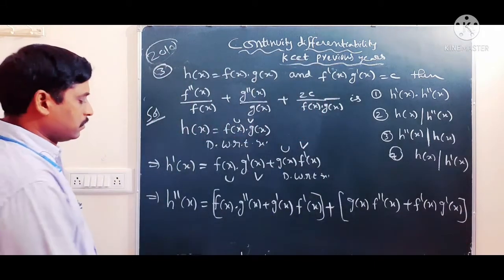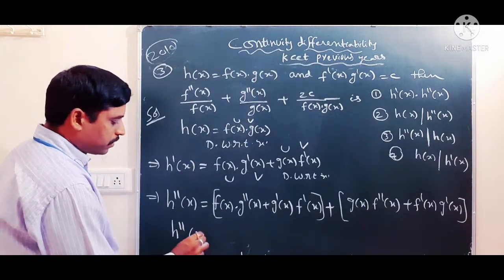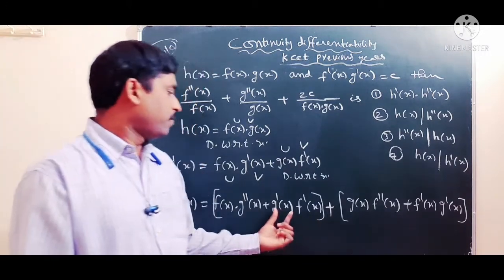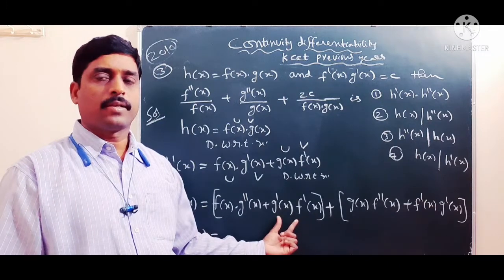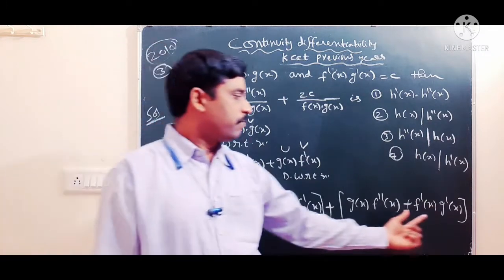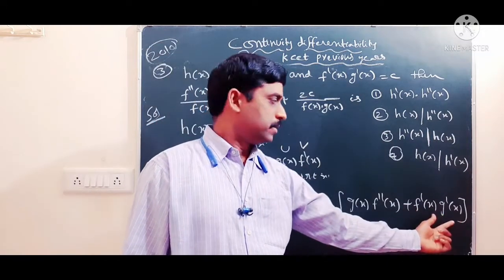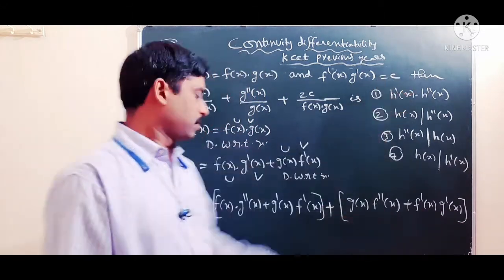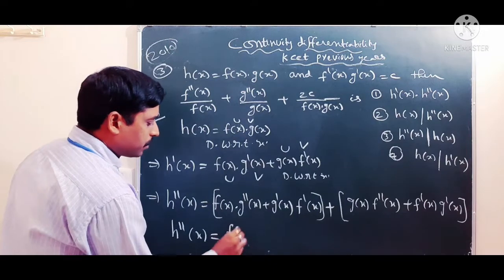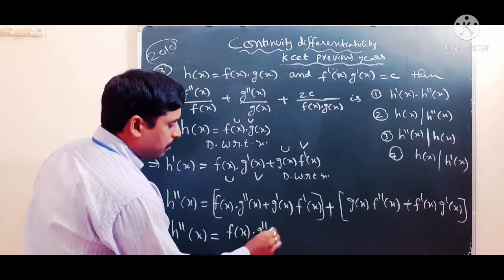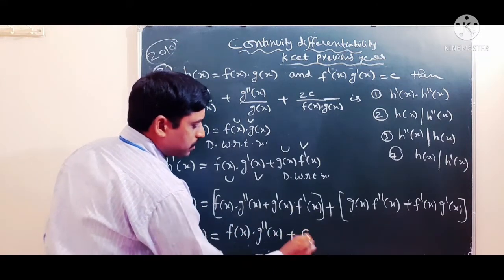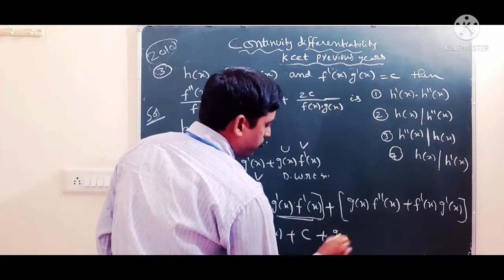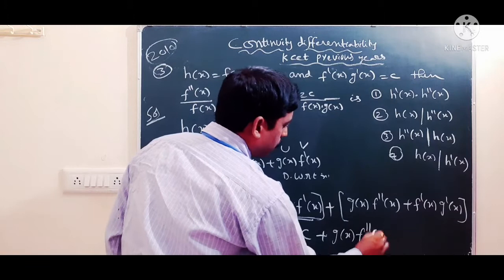Now h double dash x equals f dash x g dash x, f dash of x g dash of x, plus f of x into g double dash x, plus the value c given from the statement, plus g of x into f double dash x.